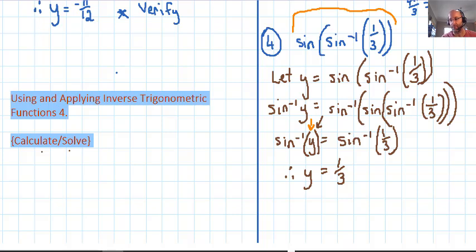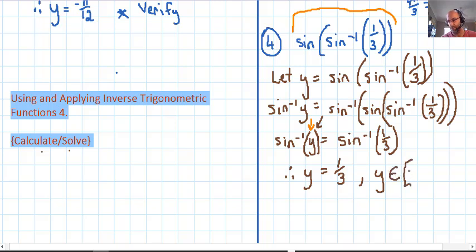The elements of the domain of the inverse function is the same as the elements of the range of the original function for sine, so that's between -1 and 1 inclusive. So, and y is an element of that set. So we've got, it is true.